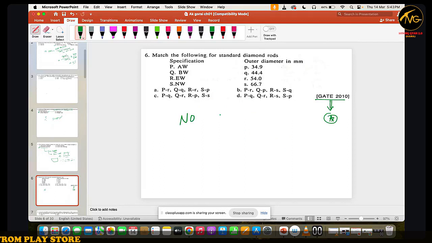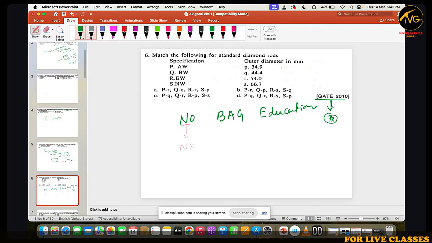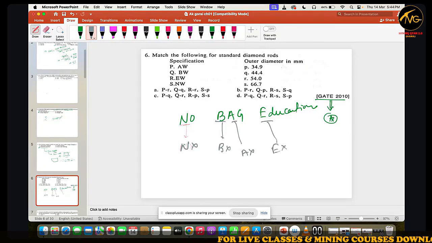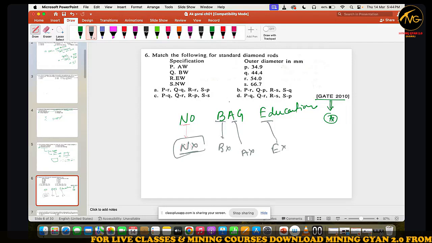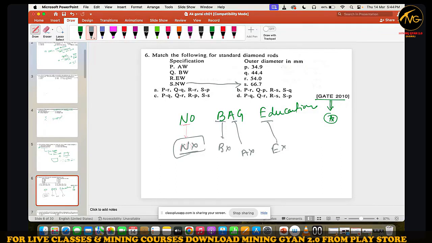No bag in education, industry or education school. What does it mean? NX, BX, AX, EX. So NX has the biggest diameter. This is the outer diameter in mm.